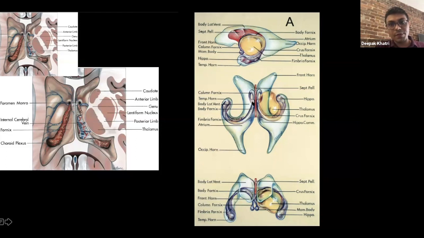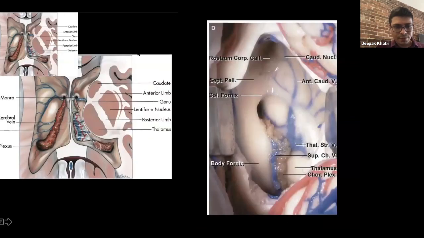I want you to remember this, because I'm going to show you a next video about the colloid cyst. So all this discussion basically was to orient you before I take you to the video, so that when I use those terms, you are able to understand the anatomy in a better way and understand the video. Okay, so let's go to the video.